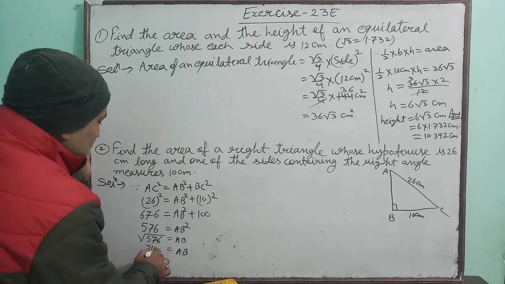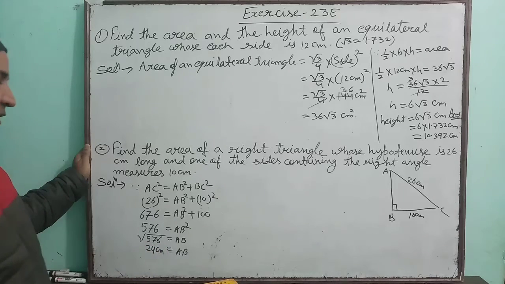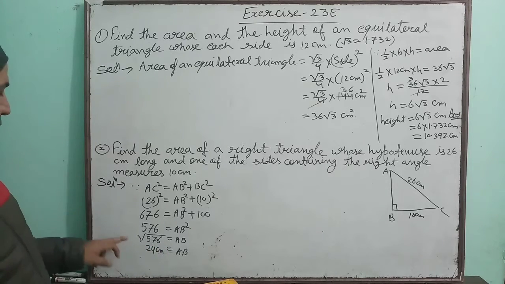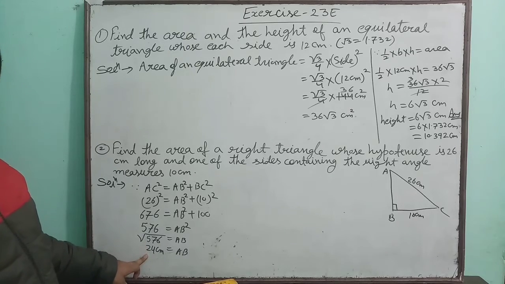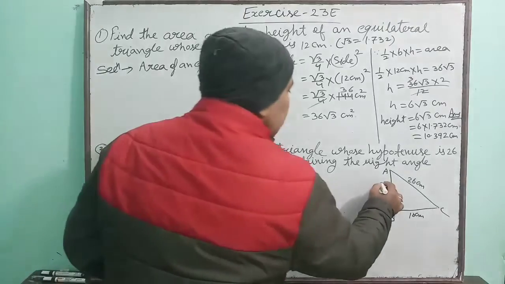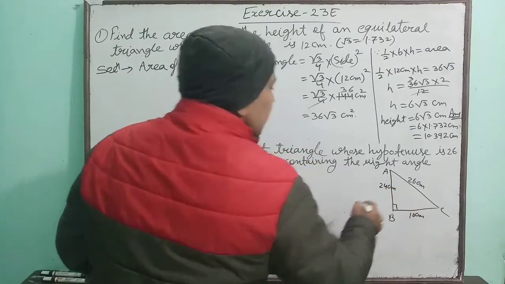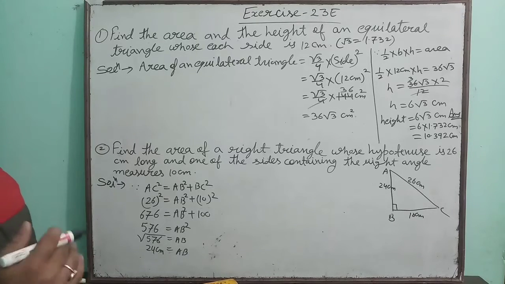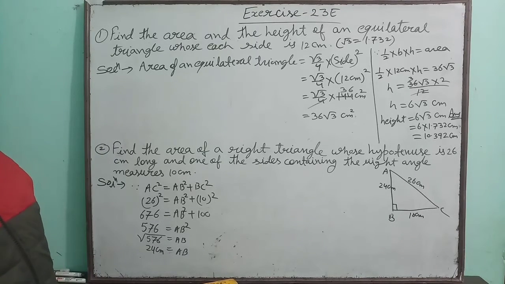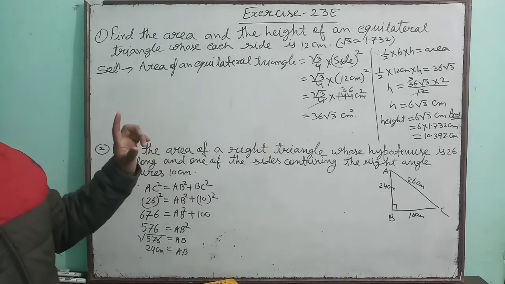That means 24 centimeter. Yes children, if you find the square root of 576, you will get 24. So now we have got the third side of the right triangle also. Now depends on you by using which formula you will find the area of the triangle.